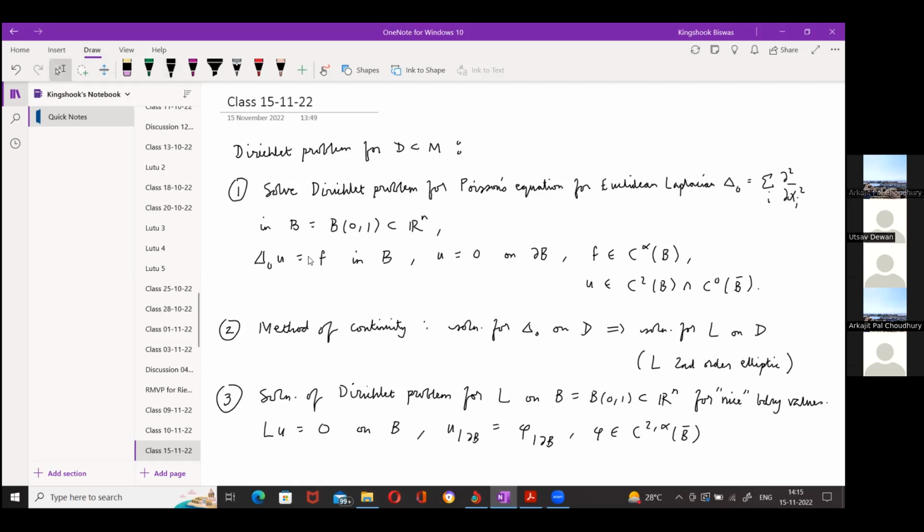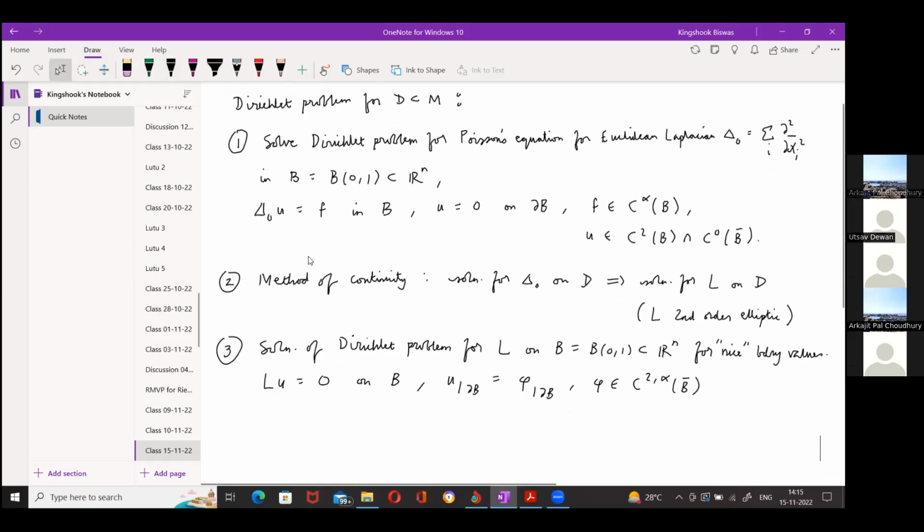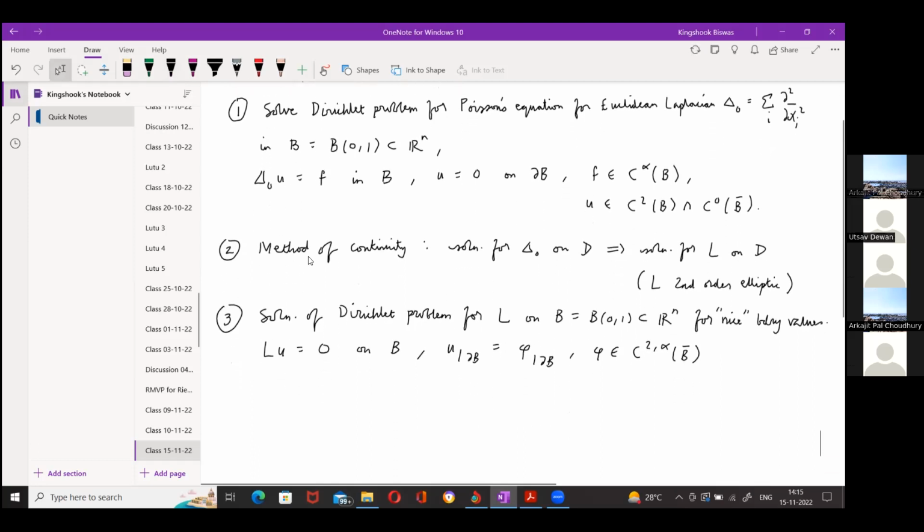And then by an approximation argument, we got the solution of the Dirichlet problem for L on a ball for general boundary values, right?